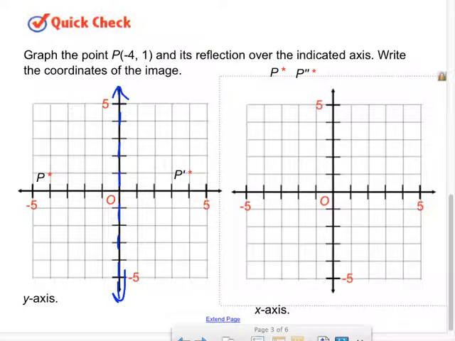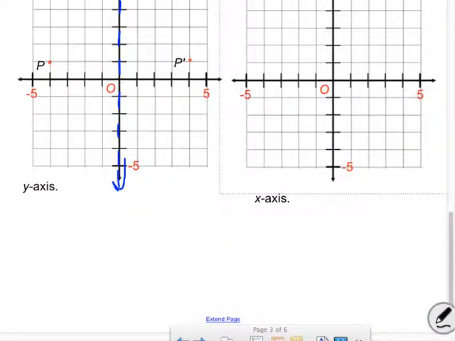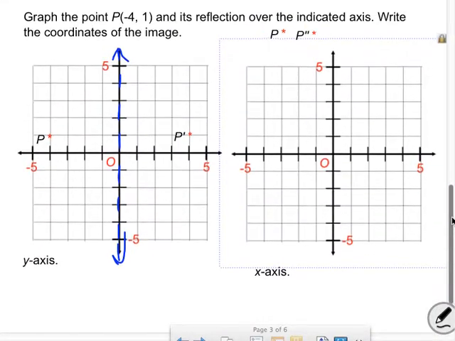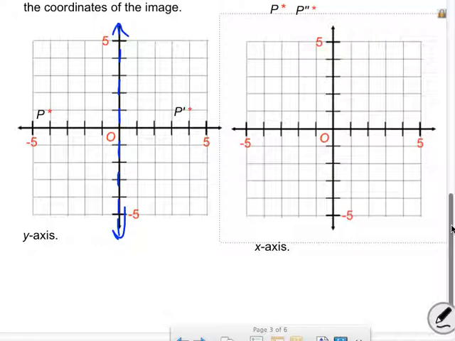Okay, so what's the rule for this one? Who's got the rule for that one? Somebody please give it to me. When we reflect across the y-axis, who's got it? Henry, you got it? What is the rule?